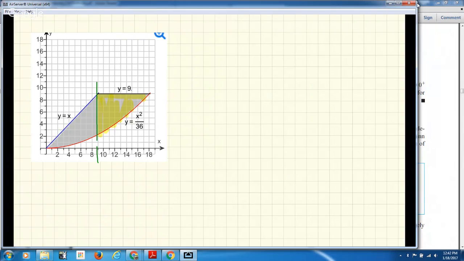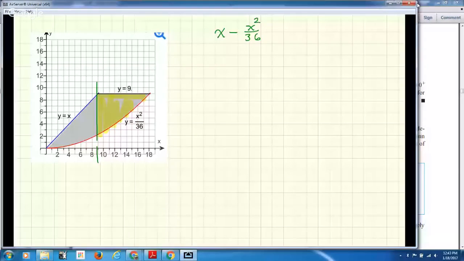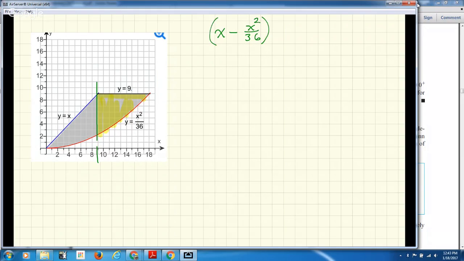So for the first part, I'm going to have x minus the red function, x squared over 36. So the difference in those two functions is going to give me the height in between them. And so I want to integrate those as x goes from 0 up to 9.